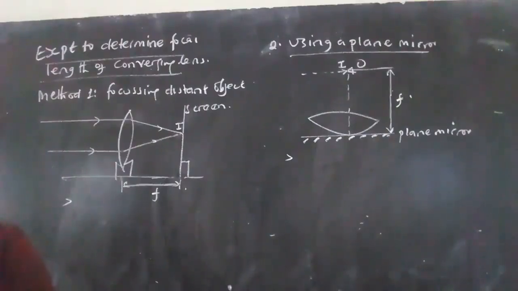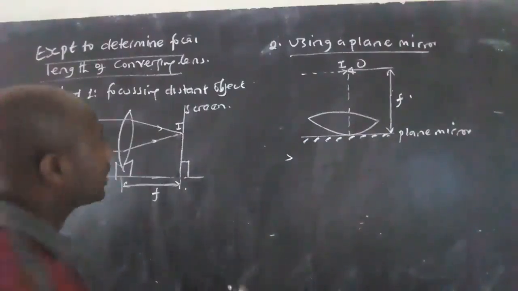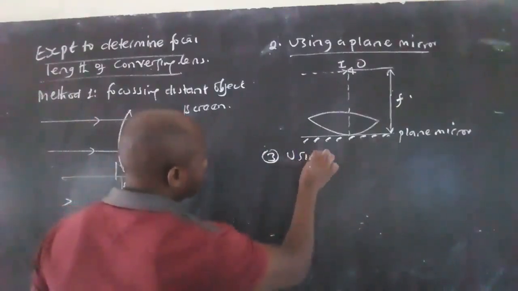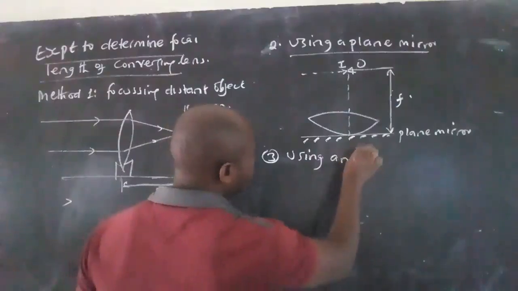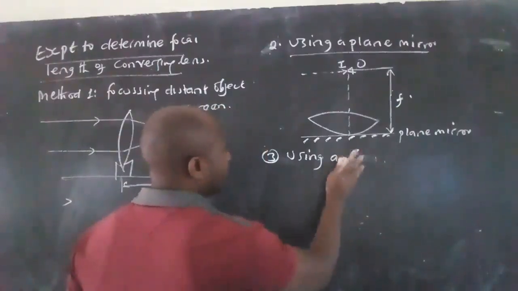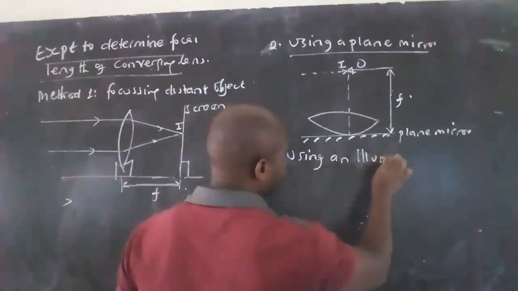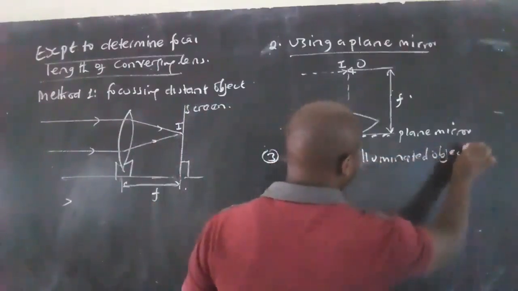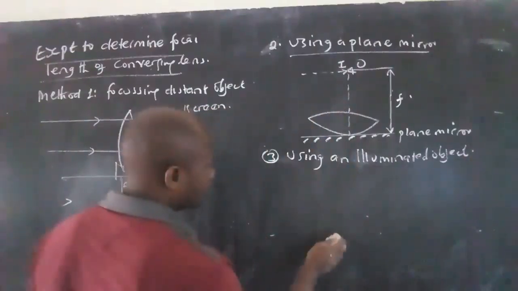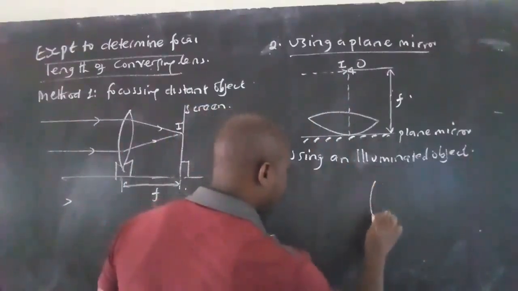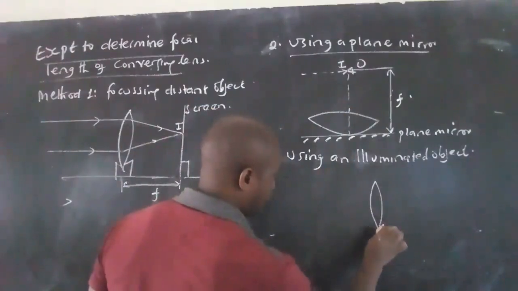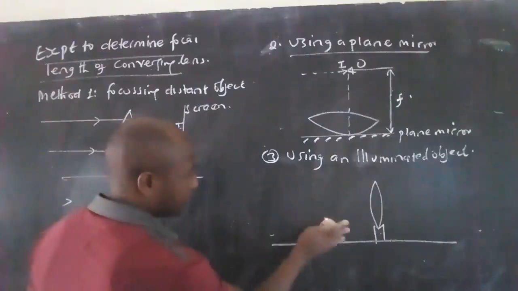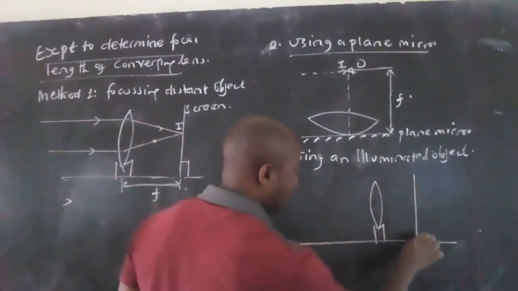Then next, number three, using an illuminated object. So we have a lens here. Then here we shall have the plane mirror.